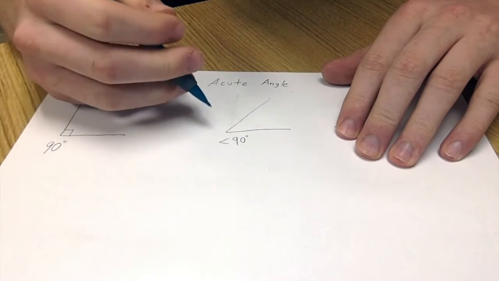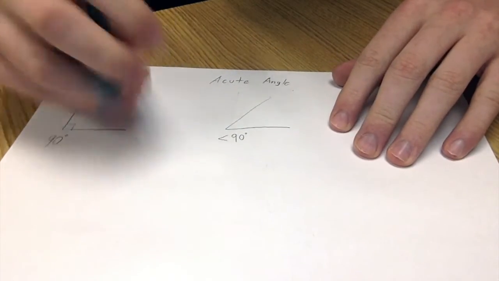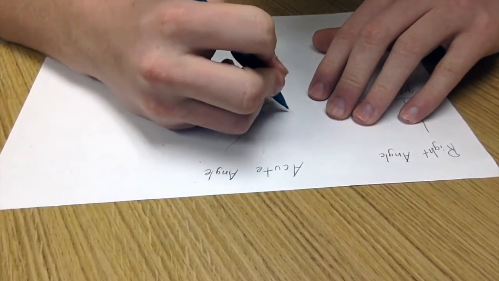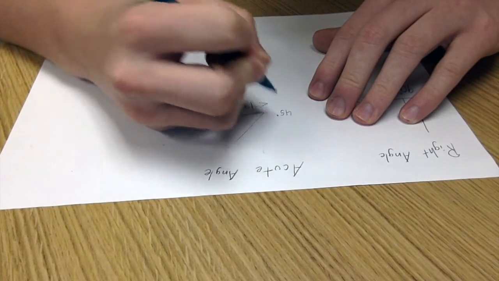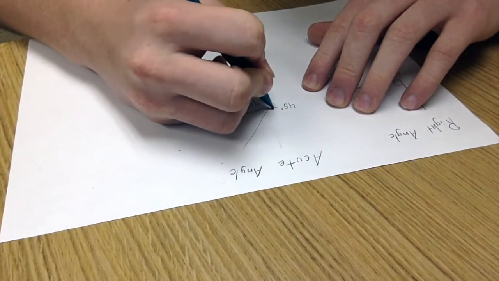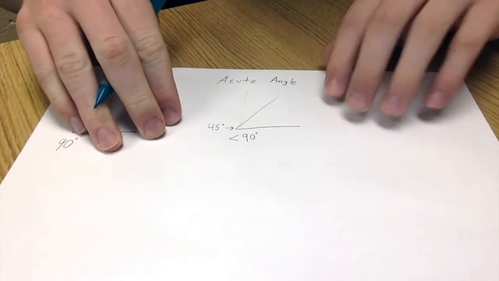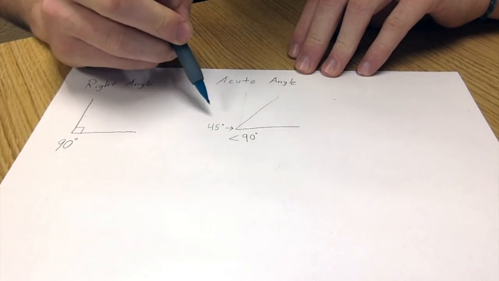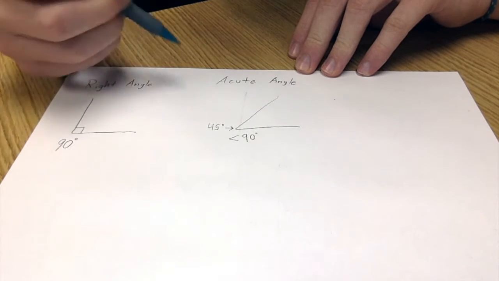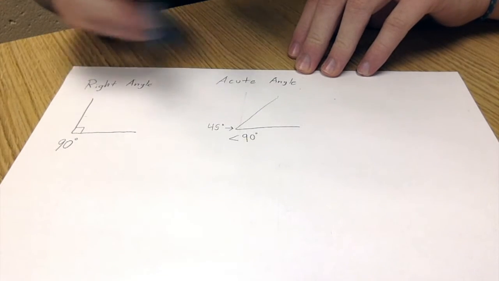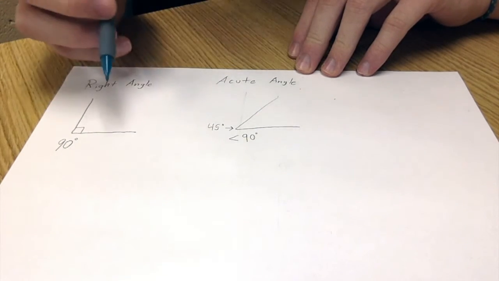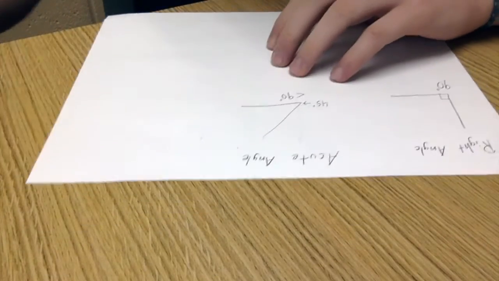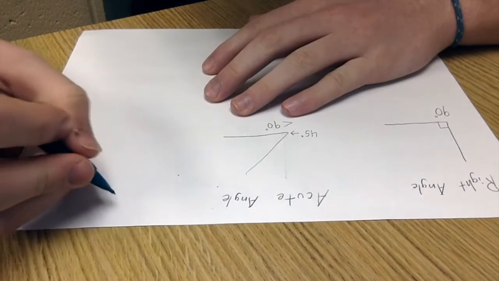So let's say, for example, this particular angle might be 45 degrees. If this angle is 45 degrees, then that would make it an acute angle because 45 is less than 90.